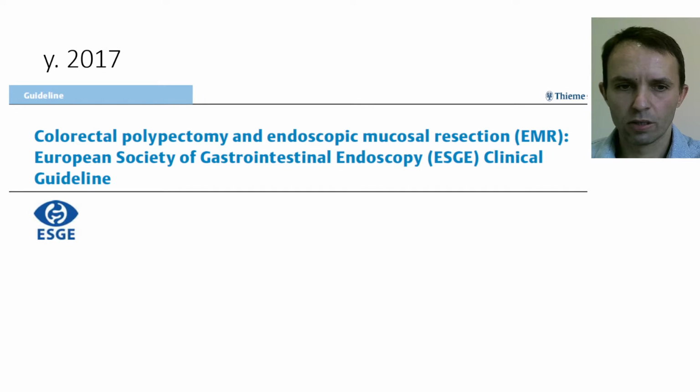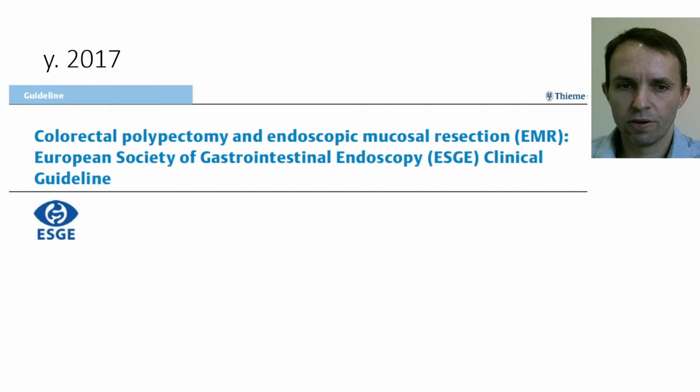So far we talked about removing the lesion with biopsy forceps, and we agreed that we should use biopsy forceps only for lesions less than 3 millimeters. Actually, less than or equal to 3 millimeters.